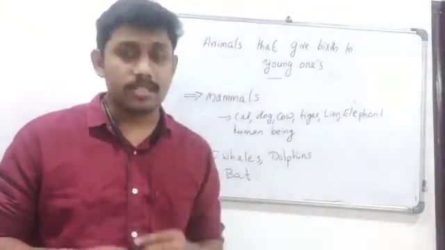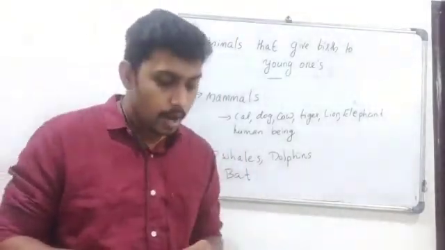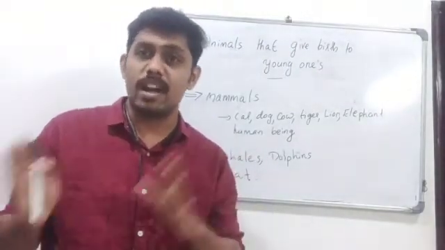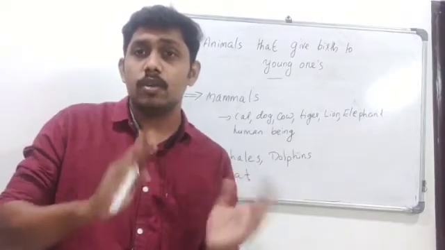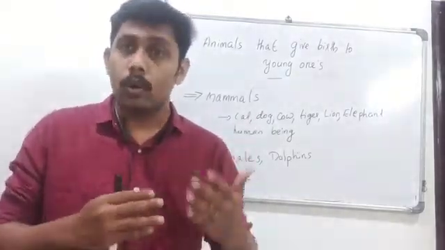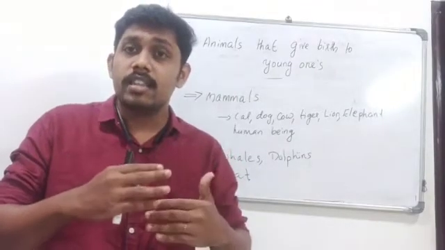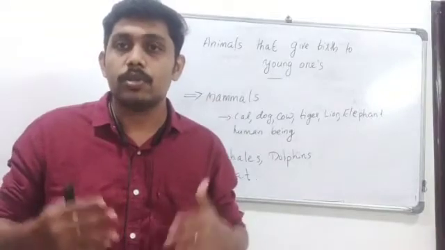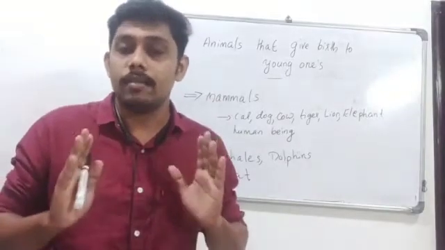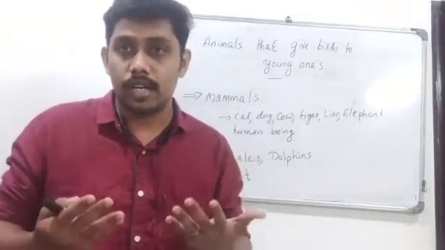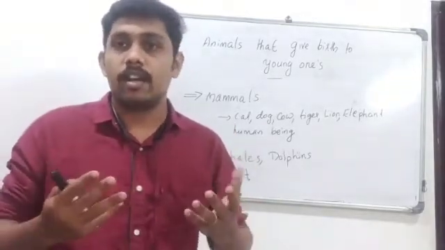Most of the animals look after their young ones till they are old enough to look after themselves. So that is mammals. All the animals take care of their young ones and feed them.